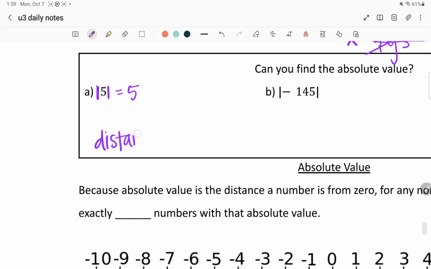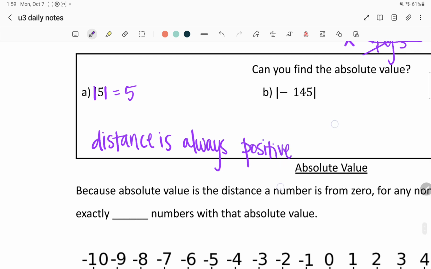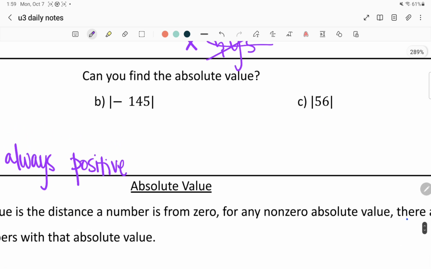So distance is always positive. So if I have the absolute value of negative 145, that is just 145.